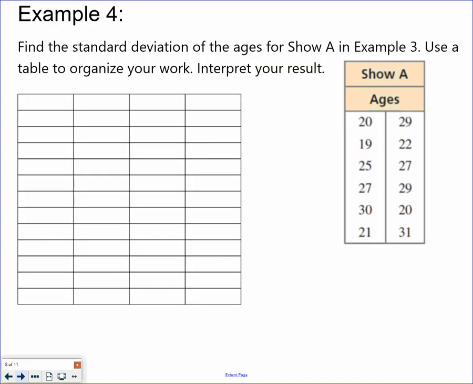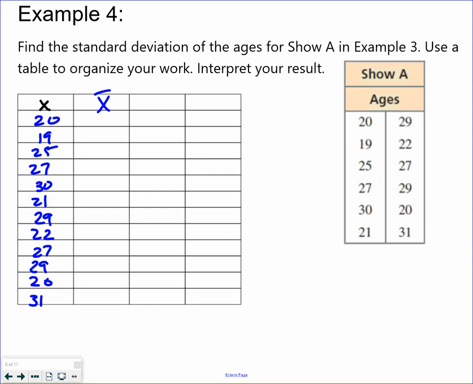All right, so here we go. We are actually going to calculate this by hand. The first column is going to be all the numbers in the data set. So I'm just going to write down the numbers in the data set: 20, 19, 25, 27, 30, 21, 29, 22, 27, 29, 20, and 31.